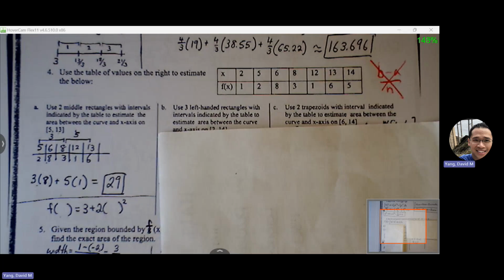And you're subtracting numbers from your first row to get your width. Then the height, you're just pulling the numbers that you see from the second row.